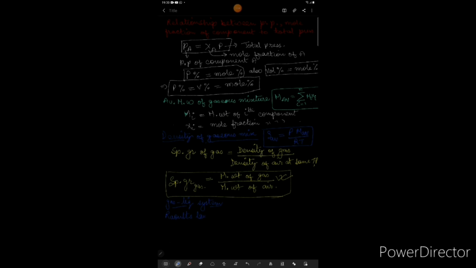Raoult's law states that at a given temperature the partial pressure of component A of a solution in the vapor is equal to the product of the mole fraction of component A in solution in the liquid phase and the vapor pressure of the pure component A. We write this one.